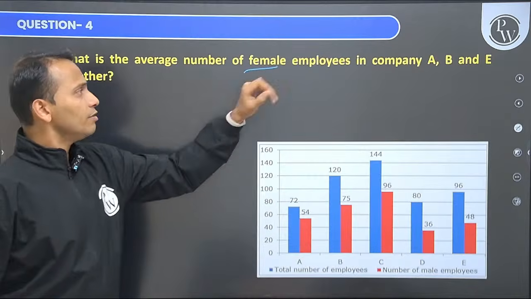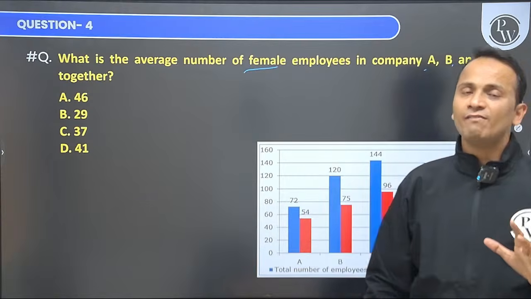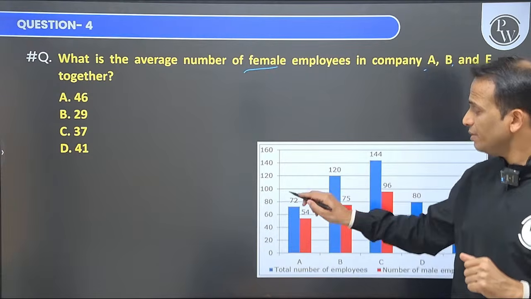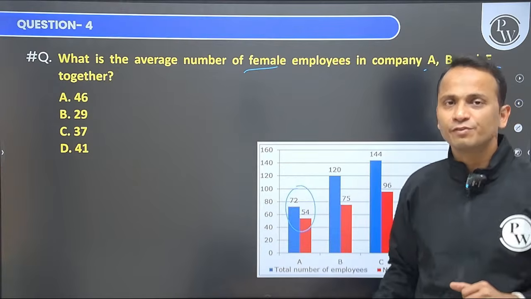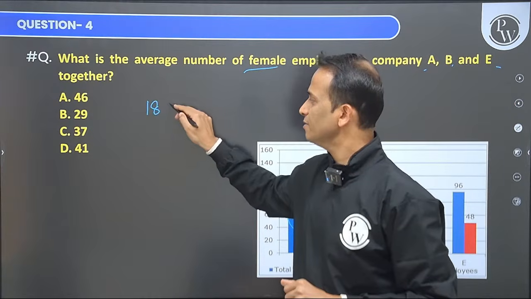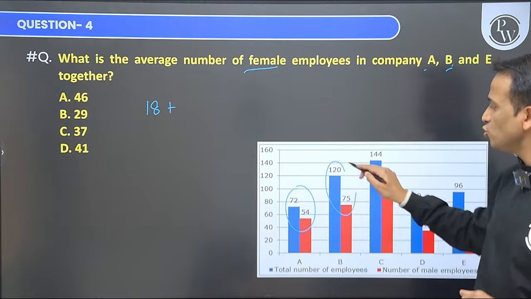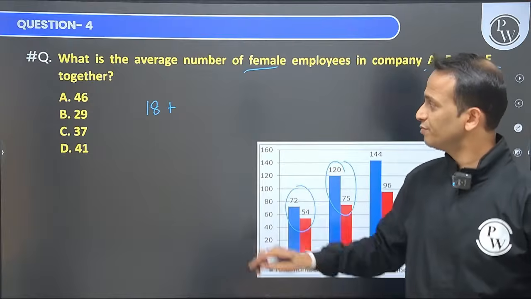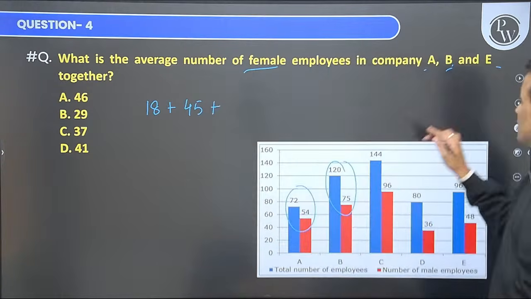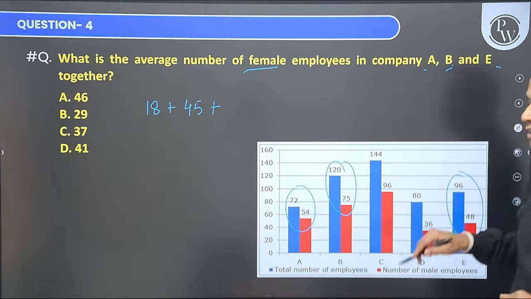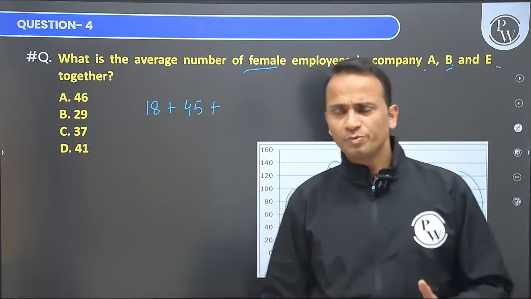Now they're talking about female employees, company A, B, and E, and we'll have to calculate the average of these numbers. So number of female employees in company A, 72 minus 54, that is 18. The next company is company B, 120 minus 75, that is 45. And the last company is company E, 96 minus 48, which will come out to be 48.